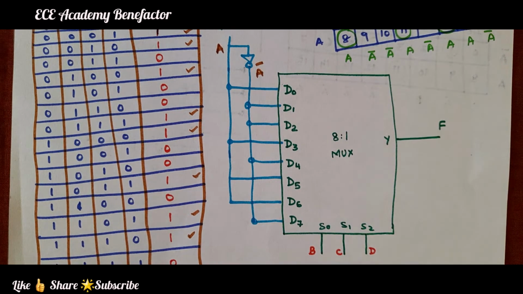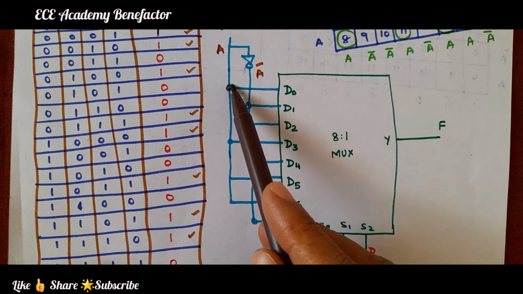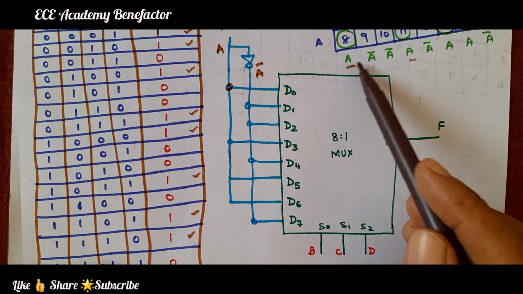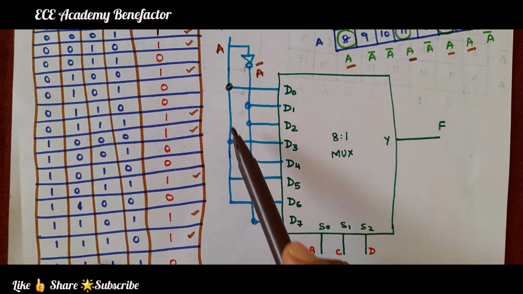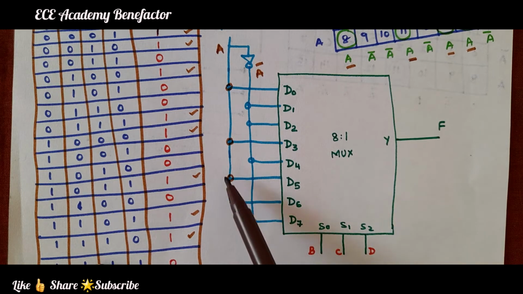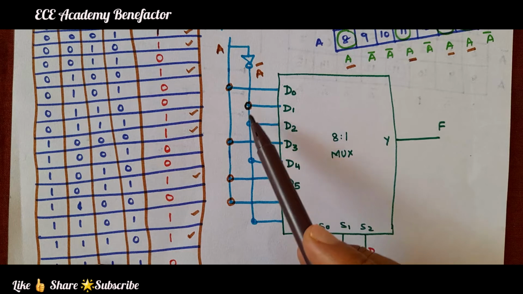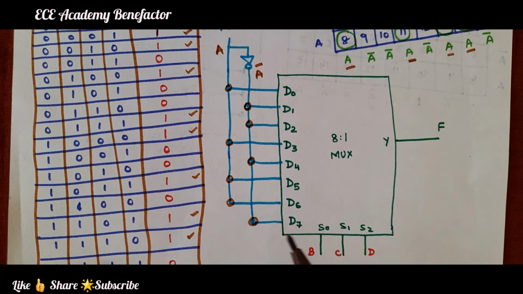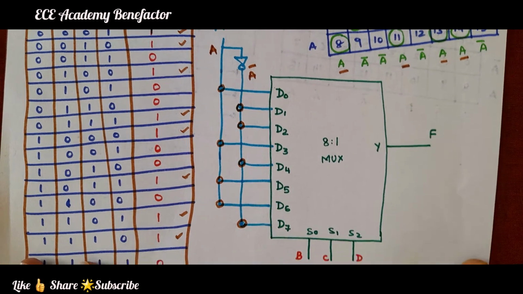So you observe here D0 is connected to A. D0, D3, D5 and D6 are connected to line A. The remaining ones, that is D1, D2, D4 and D7, are connected to A bar.